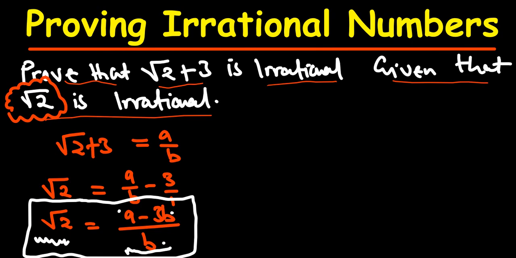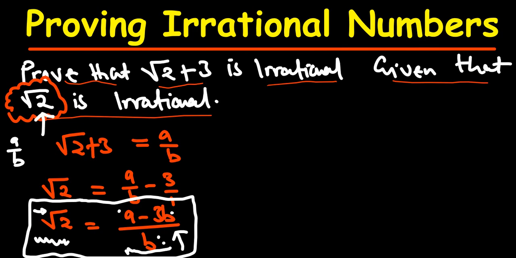If you get an integer a and an integer b and you subtract them, you get an integer. Then we divide it by another integer. So what we have on the right hand side is a rational number. It can be written in the form a over b, but on our left we have an irrational number, as we've been told in the question. So this is a contradiction.